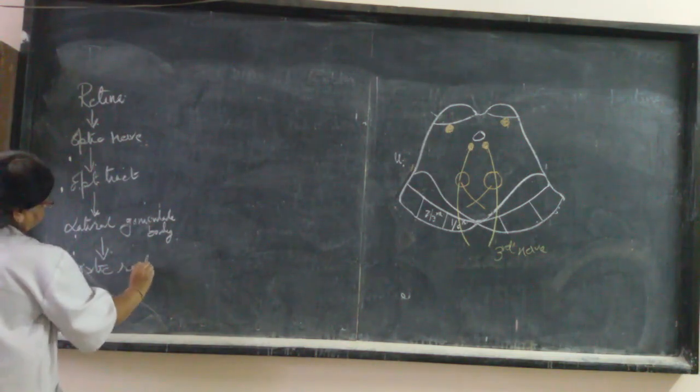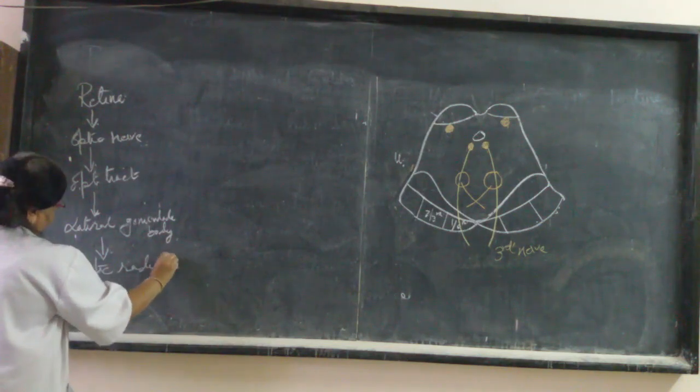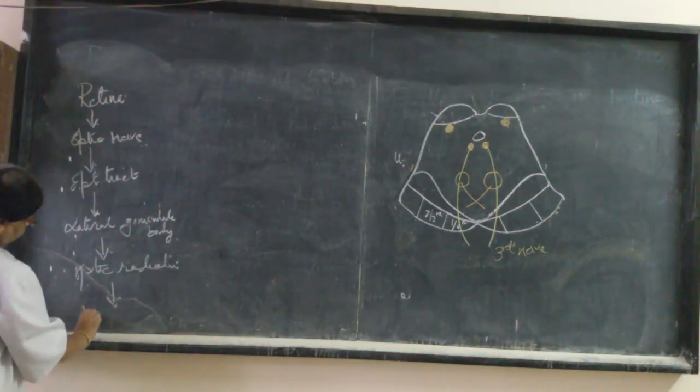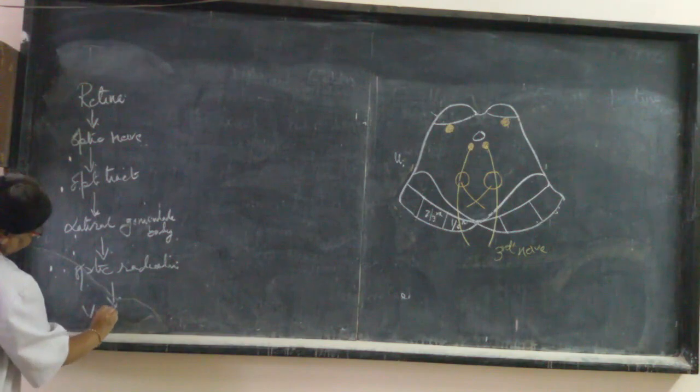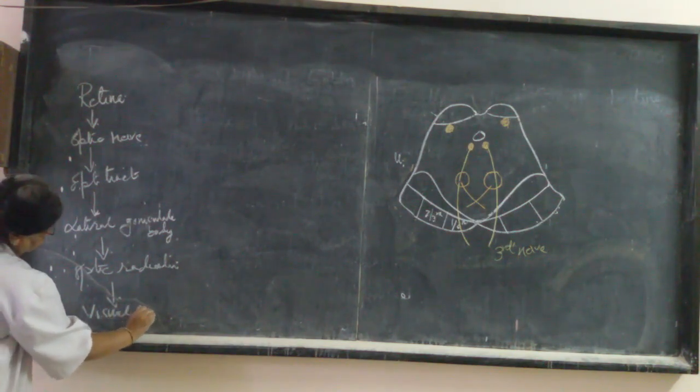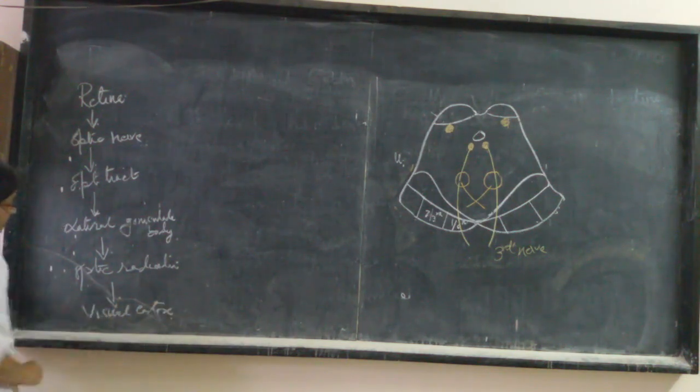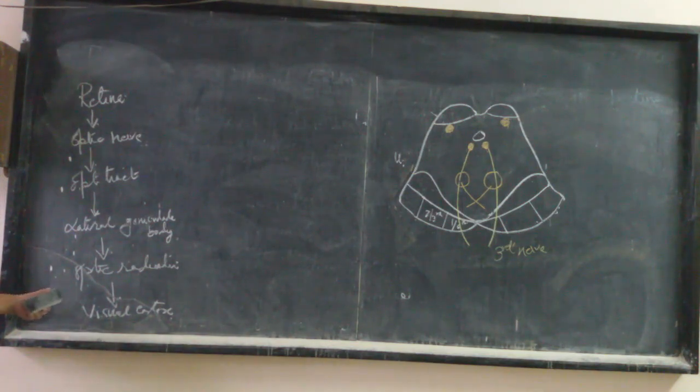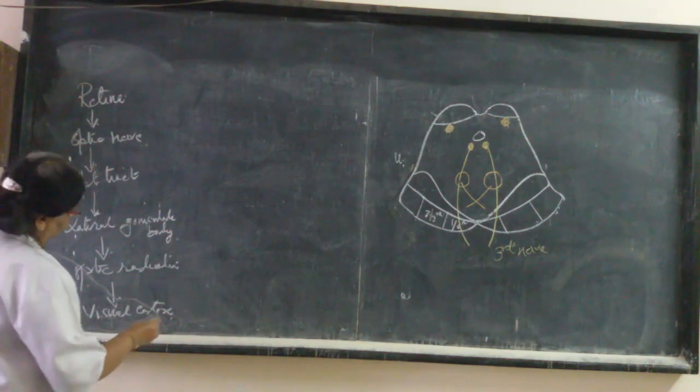This goes to the visual cortex present in the occipital lobe. Now, the fibers from the visual cortex go to the frontal eye field.